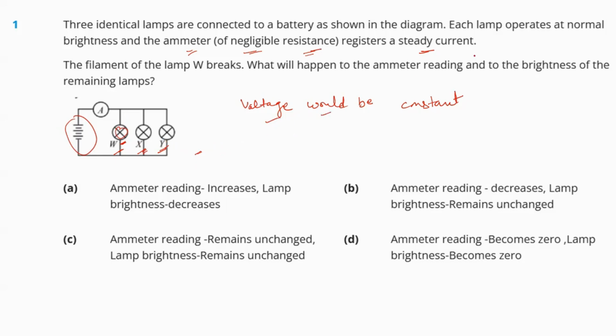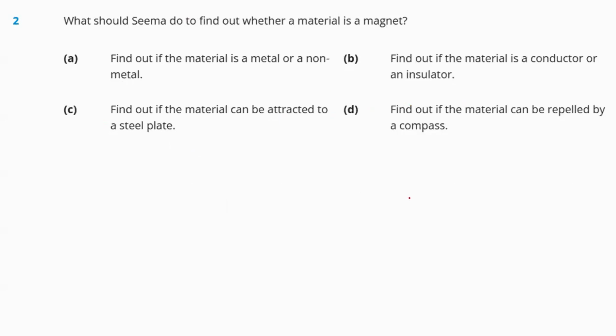So the brightness of the remaining lamps would be unchanged. What will happen to the ammeter reading? Current through W will stop, so the total current flowing through the circuit would decrease, and therefore the reading of the ammeter would decrease.